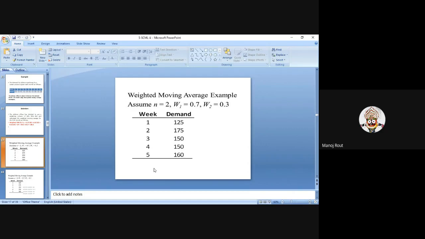These are the weights given. Let me repeat: try to forecast only the 6th period. I simplify the calculation: calculate the 6th week only. What is the value? Sir, 157. Okay, yes.